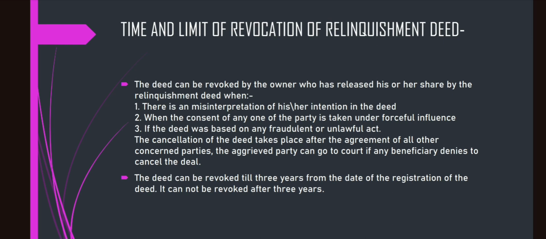The deed can be revoked within 3 years from the date of the registration of the deed. It cannot be revoked after 3 years. After 3 years of the registration, the deed cannot be revoked by any of the owners.